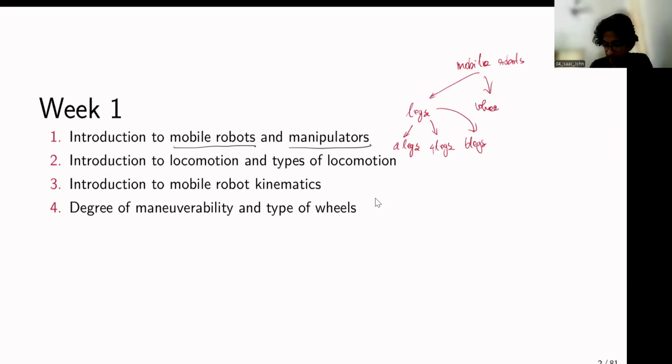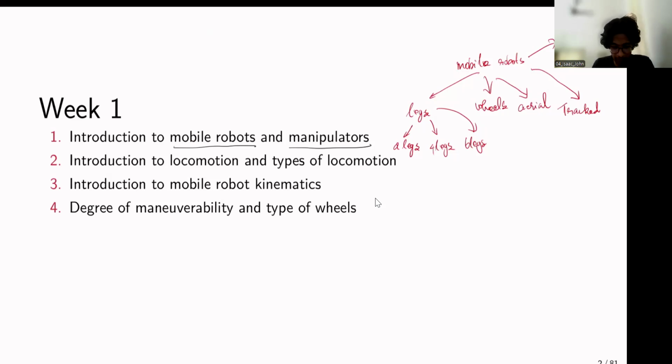We have wheels, aerial robots, and tracked robots. Military vehicles have this sort of tracks, which is very useful for outdoor locomotion. Then you even have underwater mobile robots. These are the various locomotion strategies that can be employed.